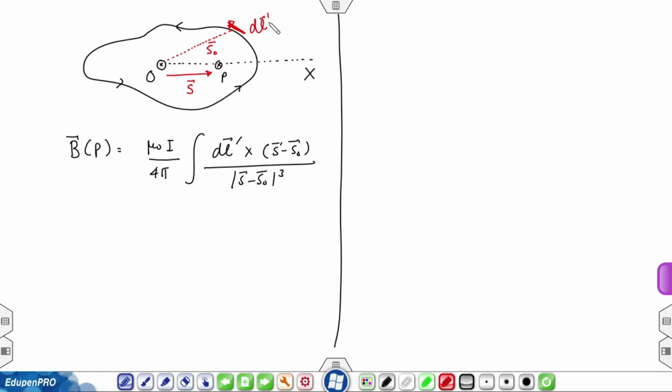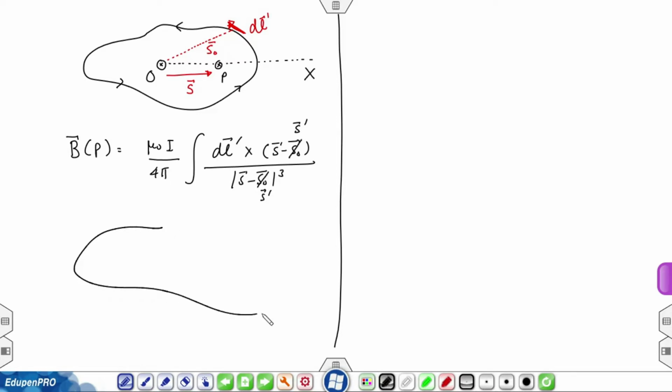So, maybe it will be better if I call this not s naught, but s prime. So, you see, once I write this as s and s prime, then it does not really matter whether I am taking P along the x axis or at some other point. So, let me write that once more.